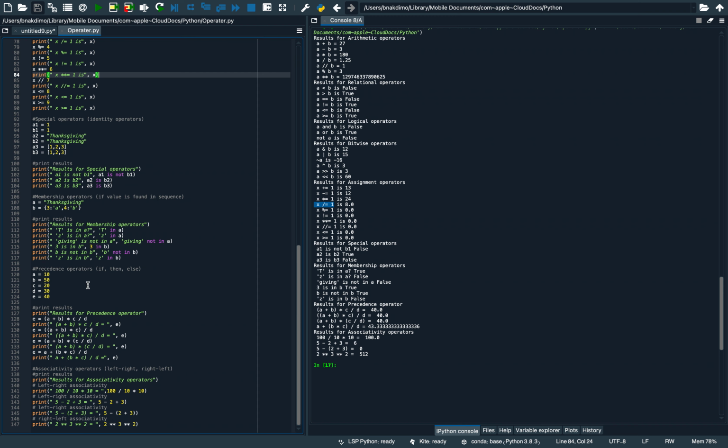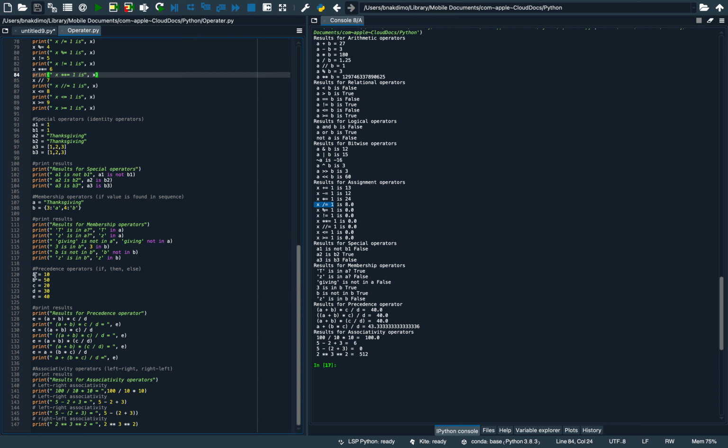The next operator is the precedence operator, and this one uses an expression. It's arithmetic too, but instead of using just addition and subtraction in only one line, you can do a whole expression. So you can do a plus b times c divided by d. But it's not a calculator, so you have to make sure you're writing it out correctly, because if you write it out wrong, you can get the wrong answer.